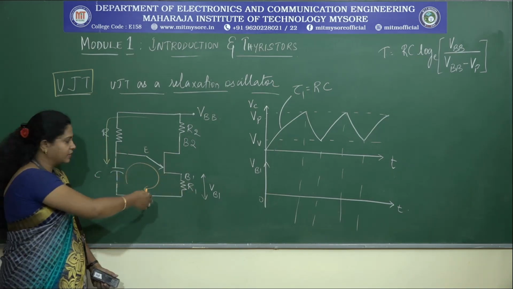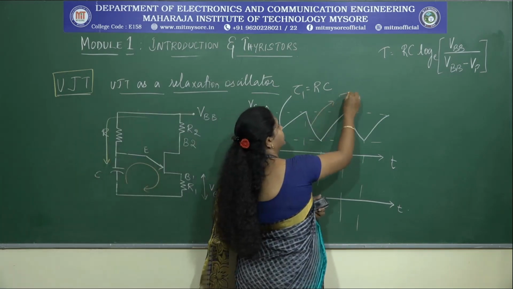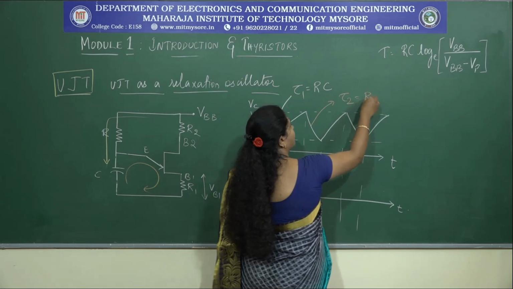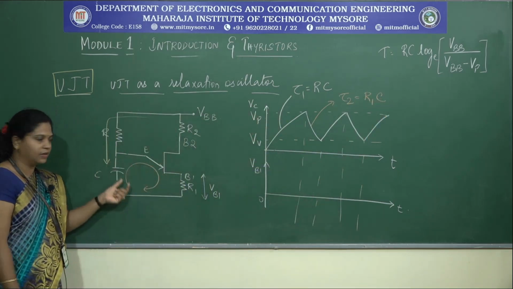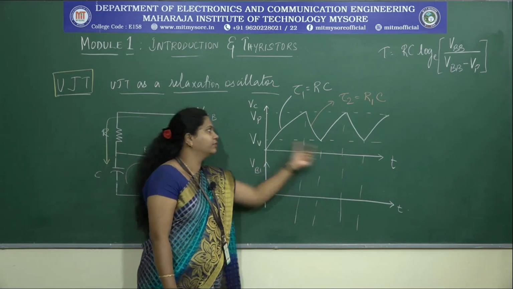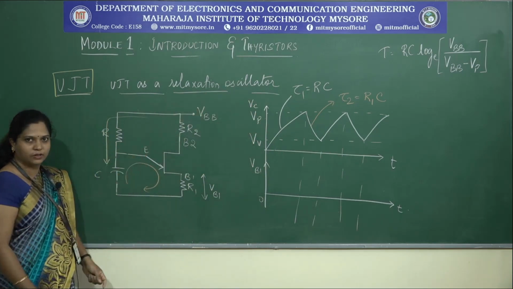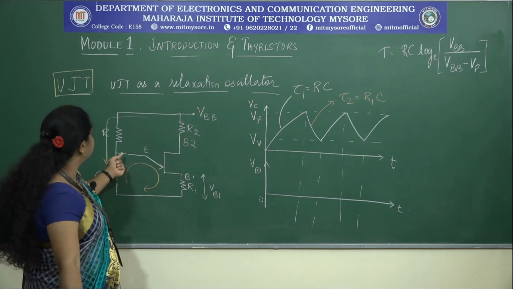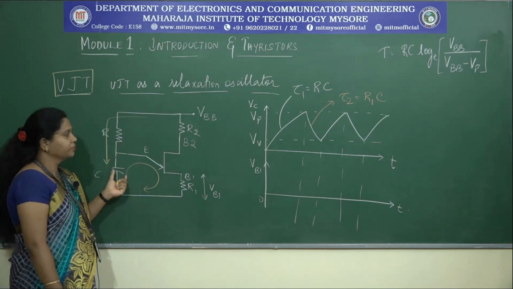It follows this path. So the discharging time of the capacitor is tau 2, which depends on resistor R1 into the capacitor value. This is how you find out for what interval of time it is going to charge and for what interval of time it is going to discharge. This is the process of charging and discharging of the capacitor.